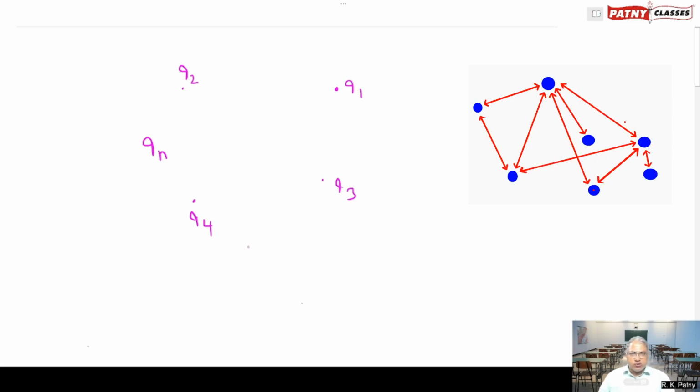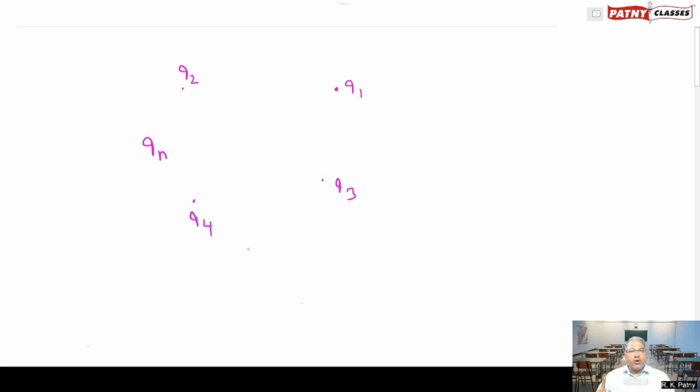These many charges are placed in vacuum, and there is a force on Q1 due to every other charge. That means there is a force between Q1 and Q2, there is a force between Q1 and Q3, there is a force between Q1 and Q4, and there is a force between Q1 and Qn.